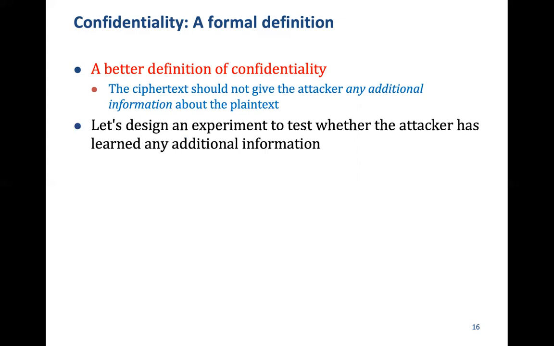Okay, so now let's design an experiment to test whether the attacker has learned any additional information. Let's assume that Alice has encrypted and sent either M0 or M1. So Alice has created 2 messages and sent M0 and M1 to Bob.